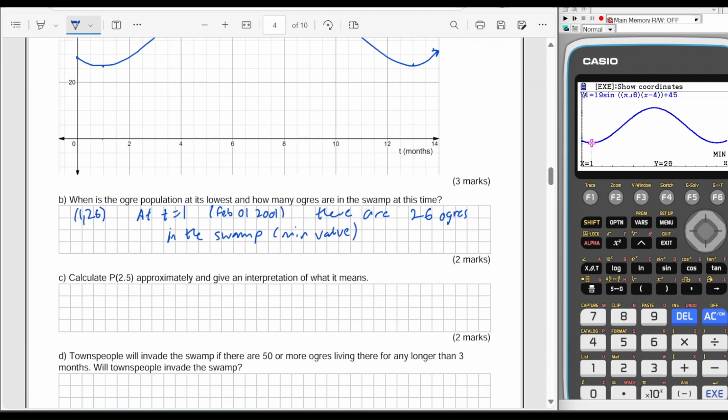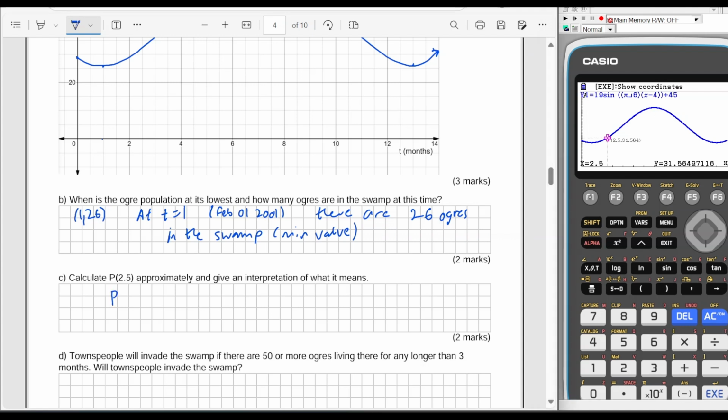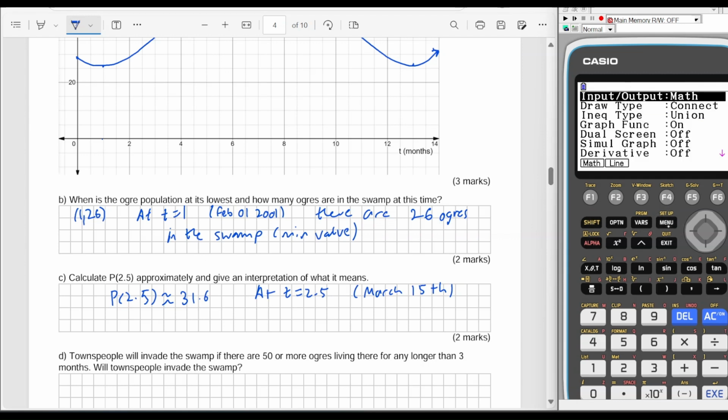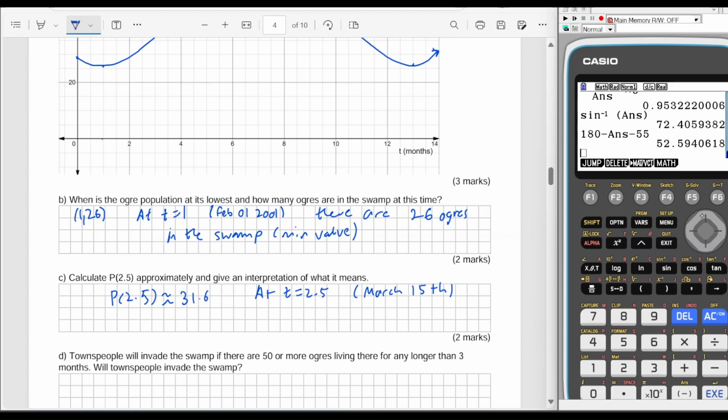Cool. Calculate P of 2.5. So that's going to be trace and type 2.5. So you get 31.6. So we can say at t equals 2.5, this would be about March, let's say the 15th. You can, if you want, do that formally. One way to do it is, well, 2 is March because we're sort of off by a month.